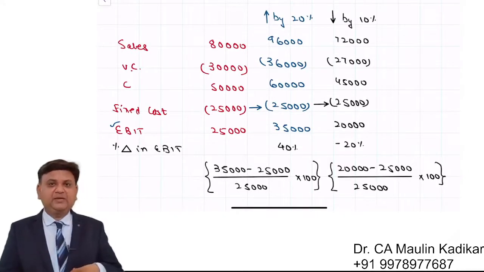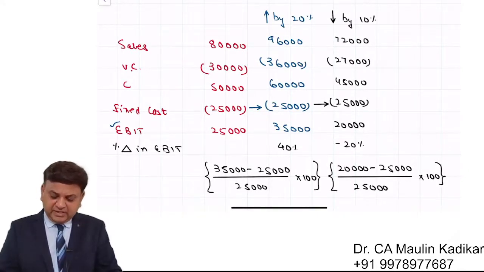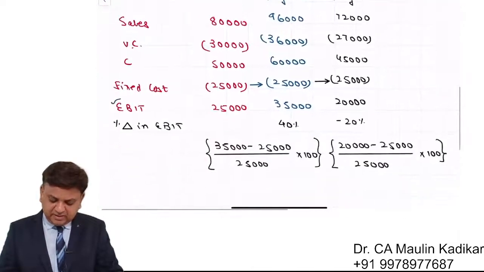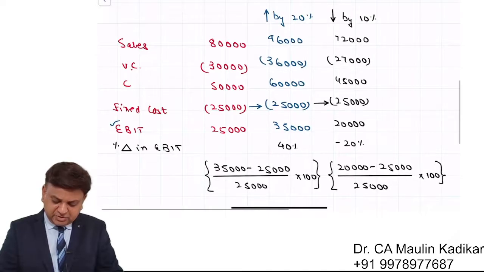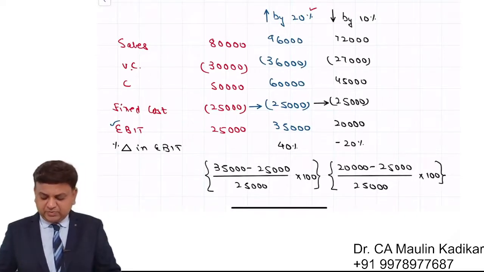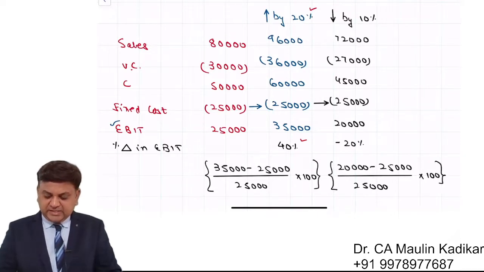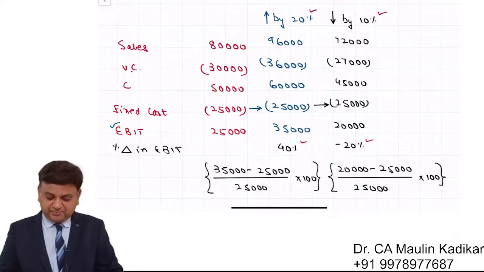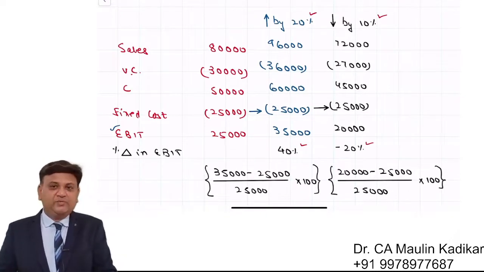Based on the calculations that we have made, we can understand that if the sales of the company increase by 20 percent, profit of the company, that is operating income, increases by 40 percent, and if sales reduce by 10 percent, then operating income will fall by 20 percent. This is what we understand.